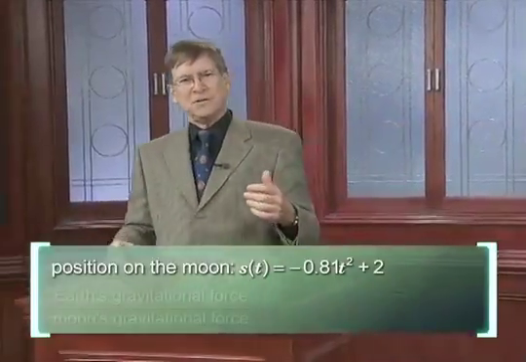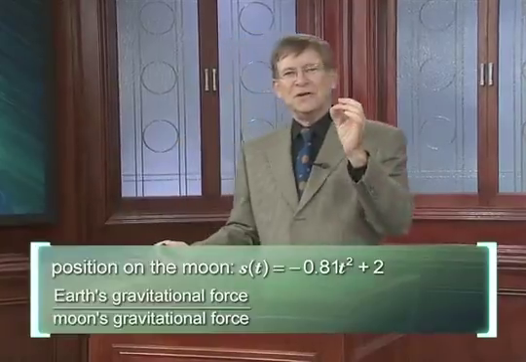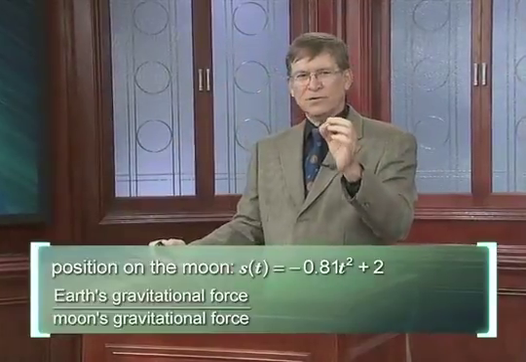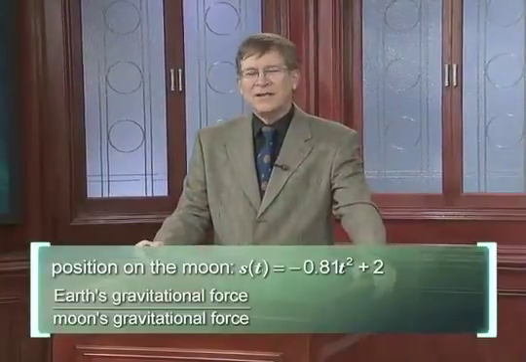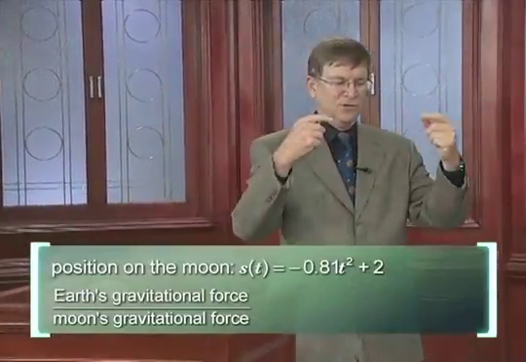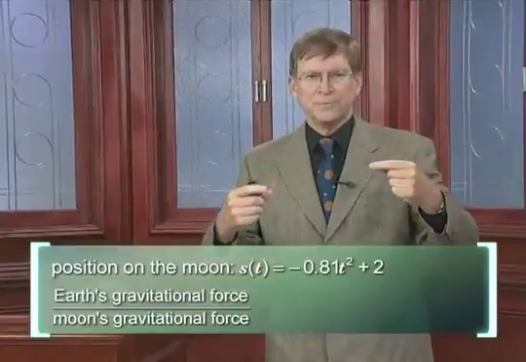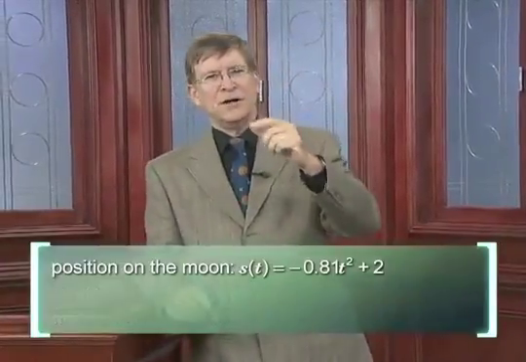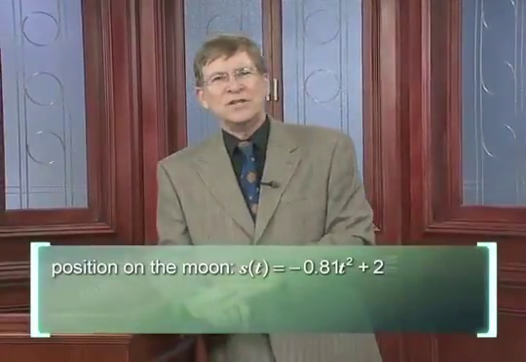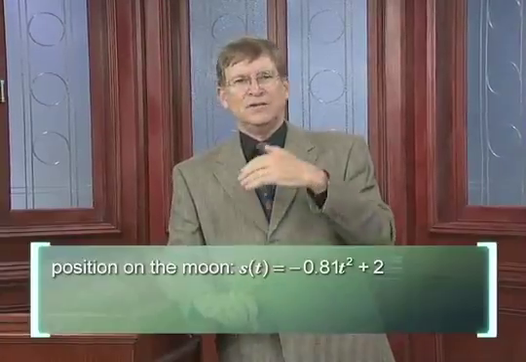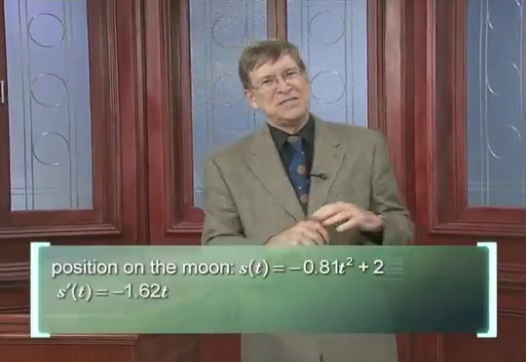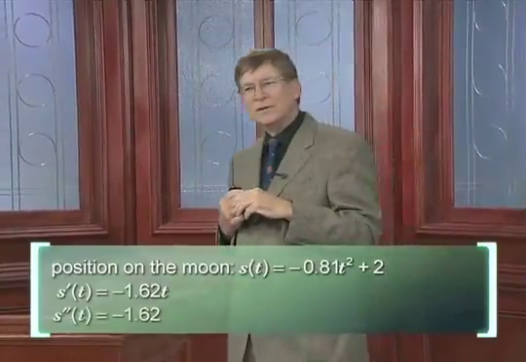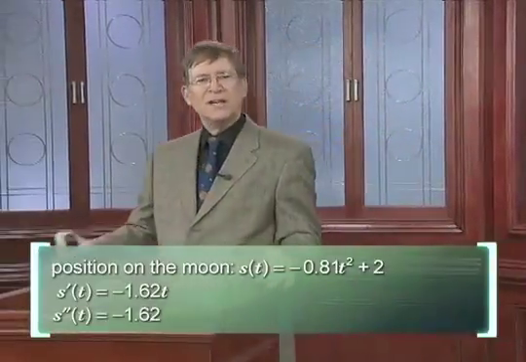And here's the question: what's the ratio of the Earth's gravitational force to the moon's gravitational force? Let's answer that by analyzing the position function on the moon. The position function was minus 0.81 t squared plus 2. Its first derivative is minus 1.62 t, and the second derivative is minus 1.62.